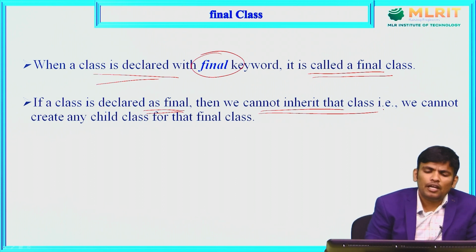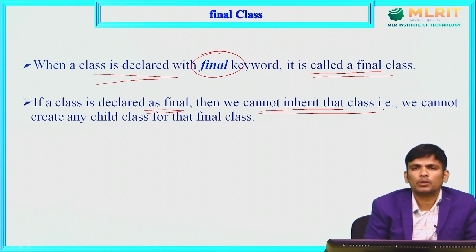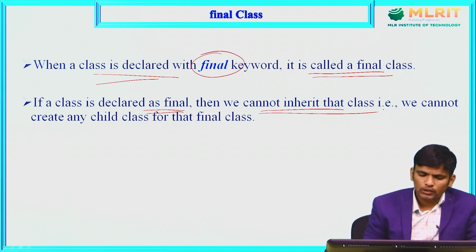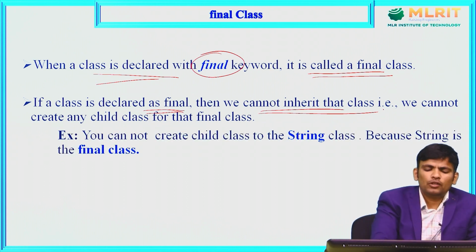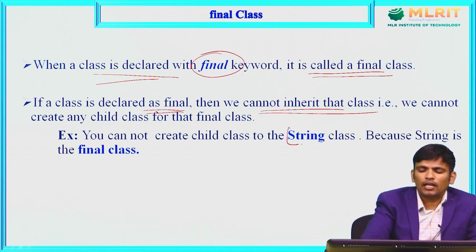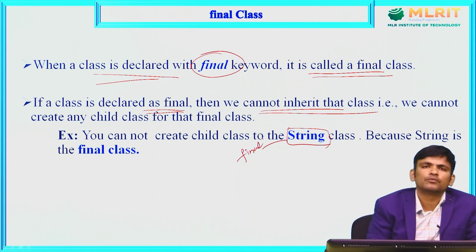If any class is declared with the final keyword, further child class creation is not possible. Suppose I take an example: you cannot create a child class of the String class. The String class is defined with the final keyword, which means it is a final class. So for a final class, child class creation is not possible. If you try to create a child class, it will throw an error.